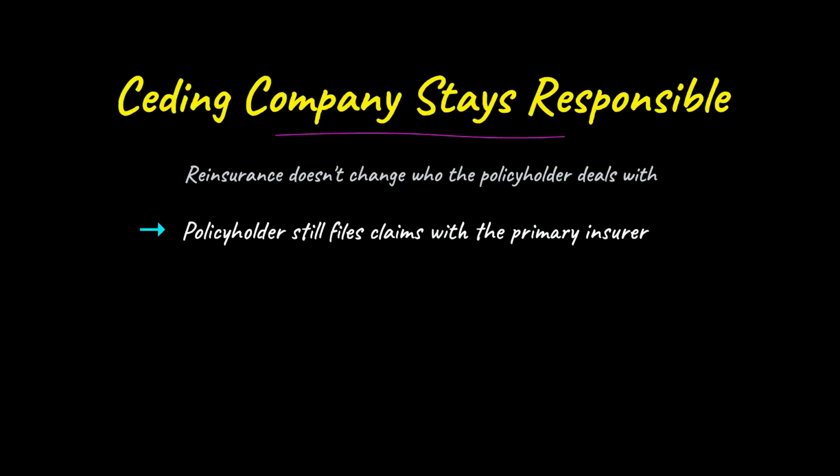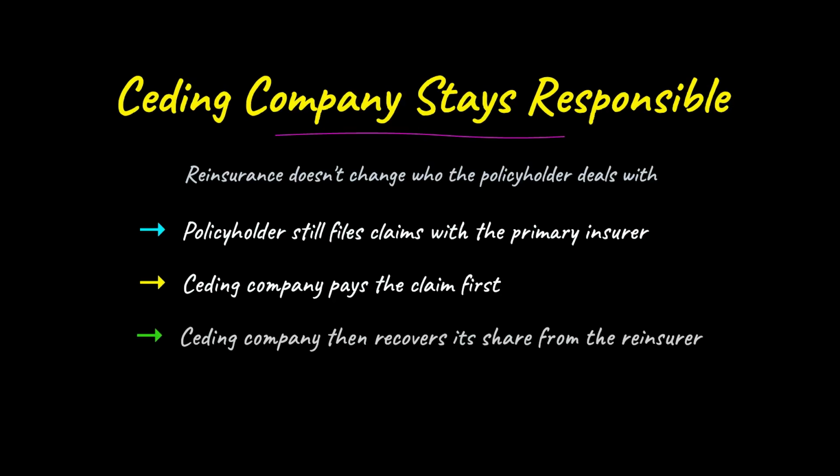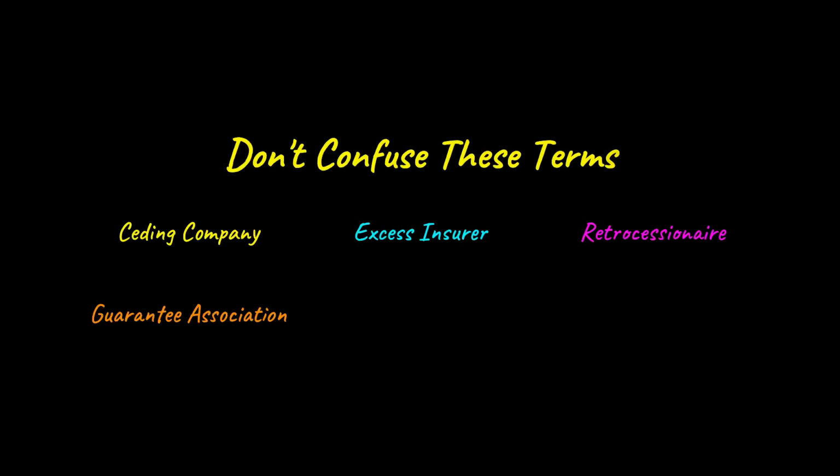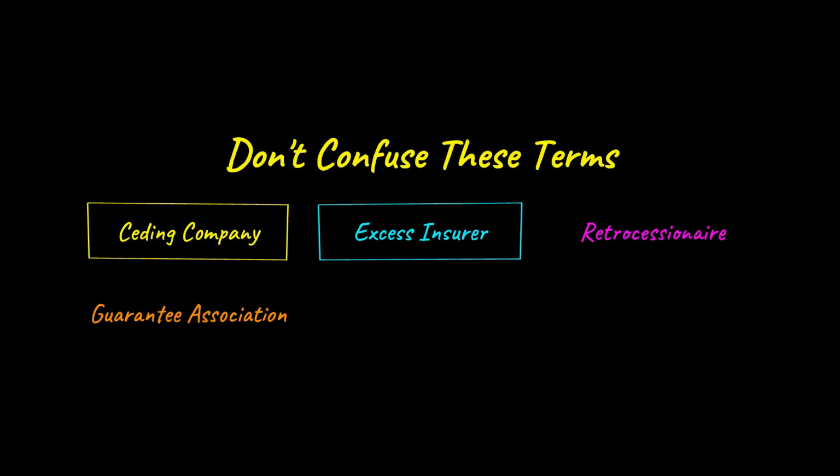Reinsurance does not change the primary insurer's obligation to its own policyholders. If a claim arises, the original insured looks to the ceding company, which pays and then recovers the reinsured portion from its reinsurer. An excess insurer covers a layer above a primary limit, not a party transferring risk in reinsurance.